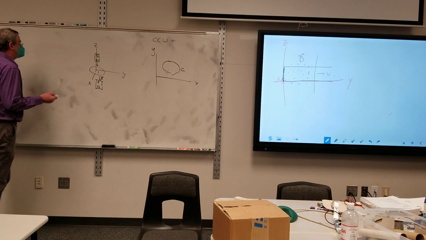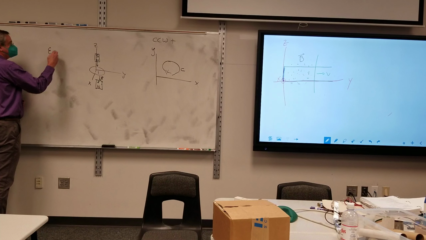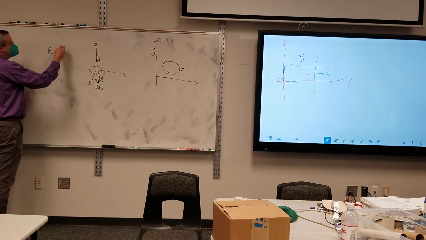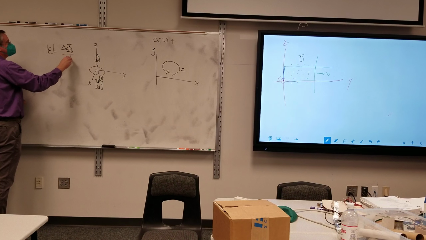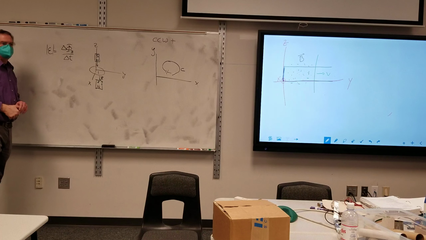And just remember that the EMF that produces the induced current, the magnitude, I don't worry about plus or minus, is the change in magnetic flux with respect to time.